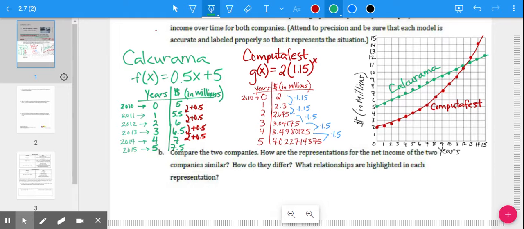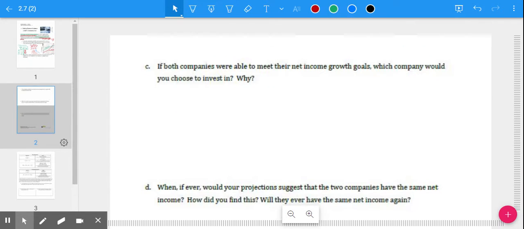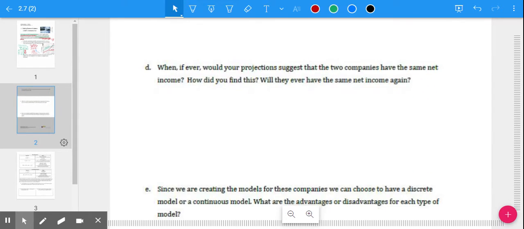I've thrown several hints out throughout the lesson so far about which one's exponential and which one's linear and so forth and so on. So then if we look at number 2 on the back, it says, if both companies were able to meet their net income growth goals, which company would you choose to invest in and why? I can't answer that for you because it's asking your opinion. Which one would you choose and why? So you guys also need to do that one on your own.